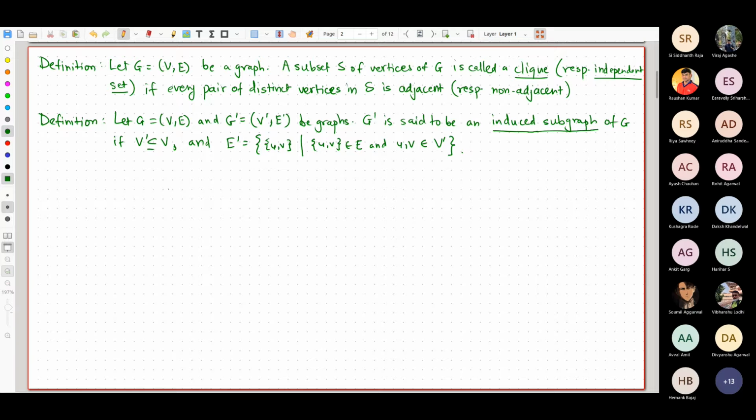Okay, so let us look at a quick example. Suppose this is my graph. Let me call these vertices A, B, C, D. So this is my G, and this is a subgraph of G, but not an induced subgraph.